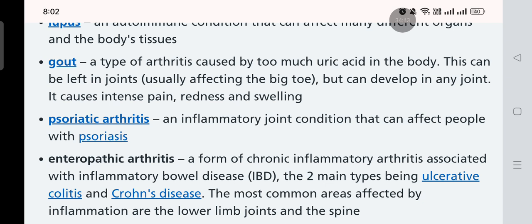It causes intense pain, redness, and swelling. Psoriatic arthritis, an inflammatory joint condition that can affect people with psoriasis.